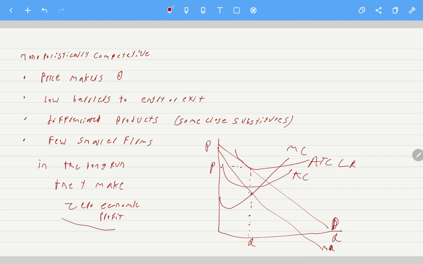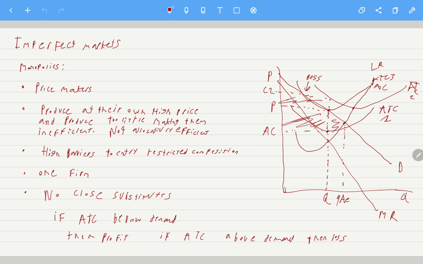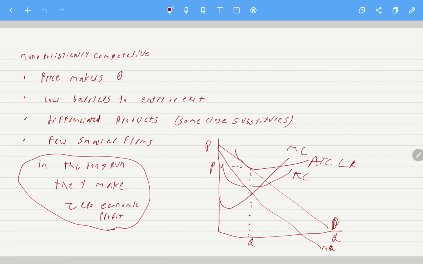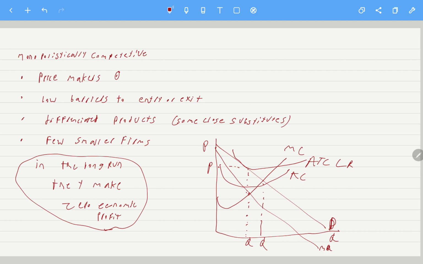That's very important, because monopolies make positive economic profit in the long run. That's very important to know. It's the same graph for both, the same equilibriums, and the same reason they're inefficient: they produce below the socially optimal or allocatively efficient quantity.